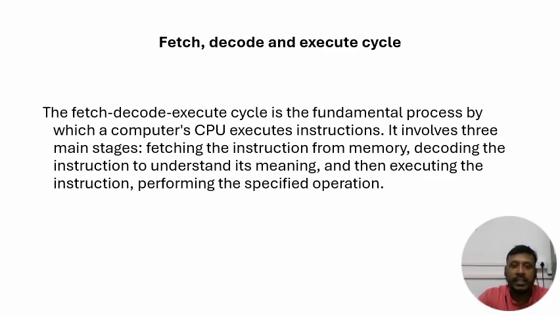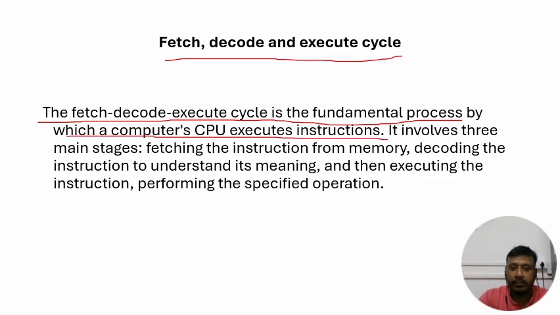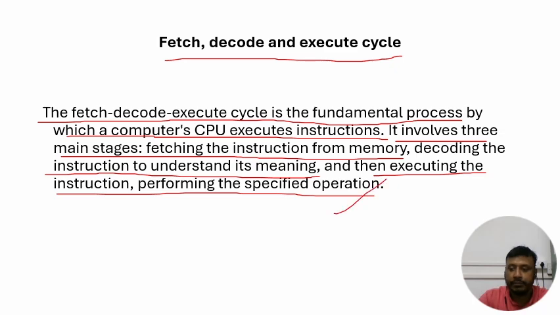now we're going to discuss the fetch, decode, and execute cycle. The fetch, decode, and execute cycle is the fundamental process by which a computer CPU executes instructions. It involves three main stages: first, fetching the instruction from memory; second, decoding the instruction to understand its meaning; and last, executing the instruction, performing the specified operations.